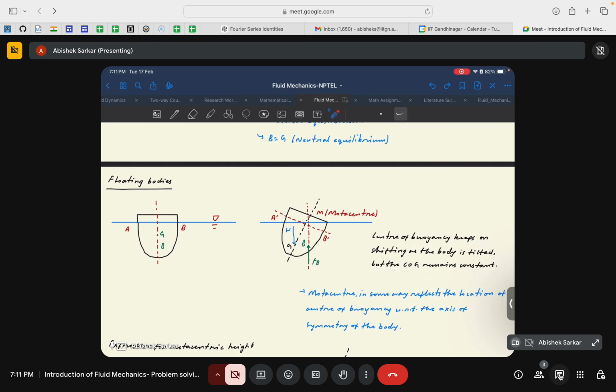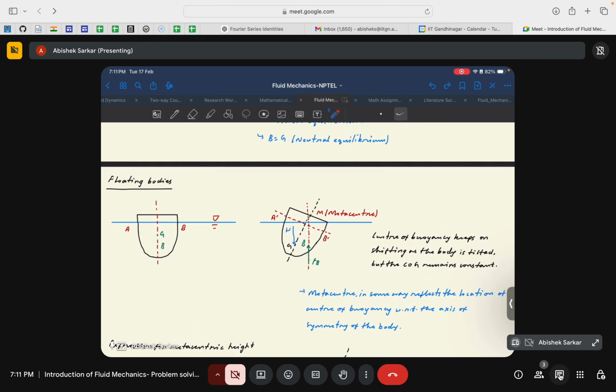So we'll consider the stability of bodies that are symmetric in nature. For asymmetric bodies, the analysis would be different, which is beyond the scope of this course or any basic fluid mechanics course, so we'll not look into it. So the limitation of our analysis is limited to symmetric bodies along this particular axis. Okay, so that's what you need to remember.